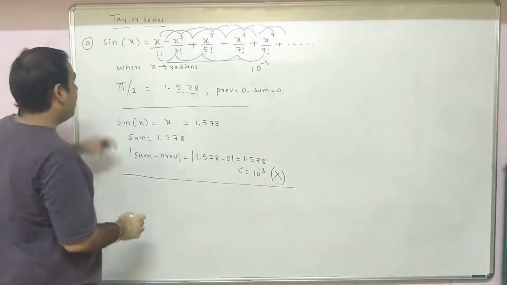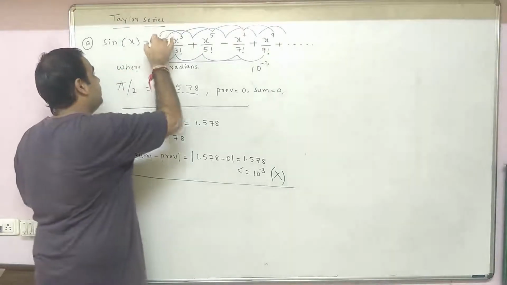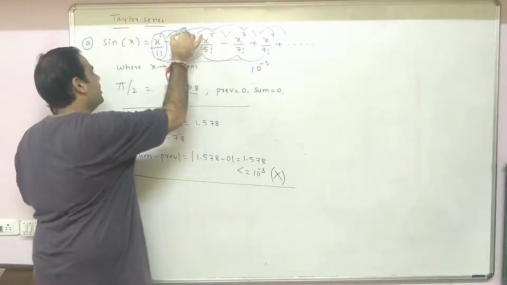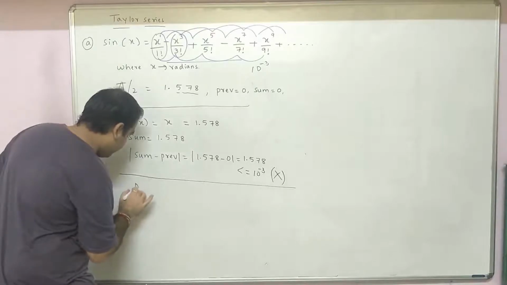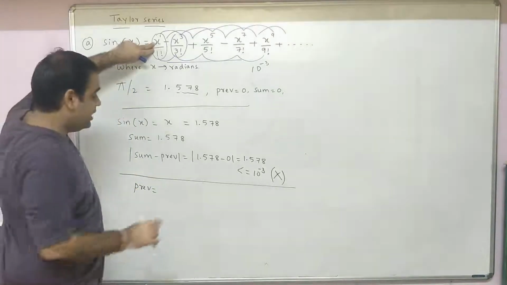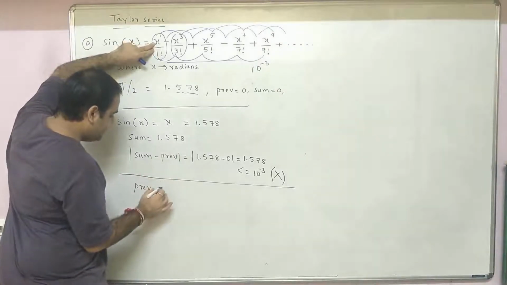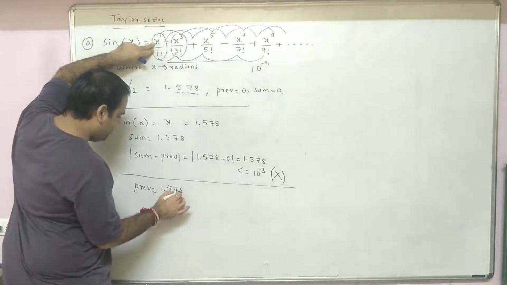Now when I take the next term, these two terms I need to compute: x to the power 1 minus x cube by 3 factorial. Therefore, the previous sum will be equal to x to the power 1 by 1 factorial. And where did we store the previous sum? We say previous gets the value of sum, that is 1.578.